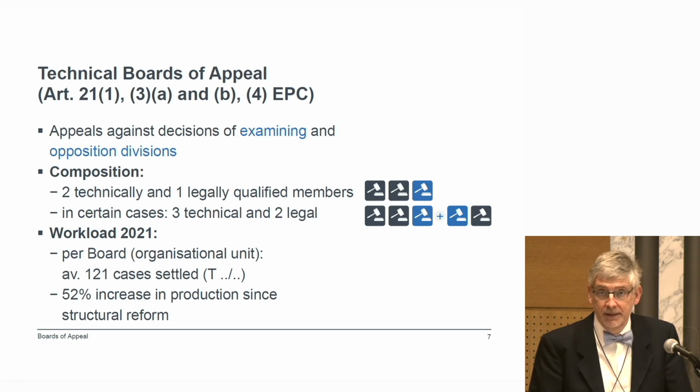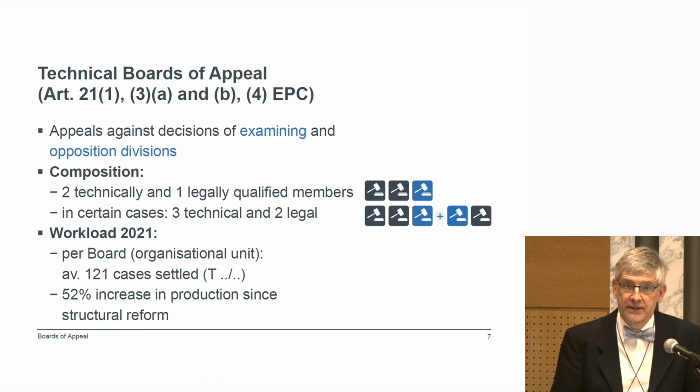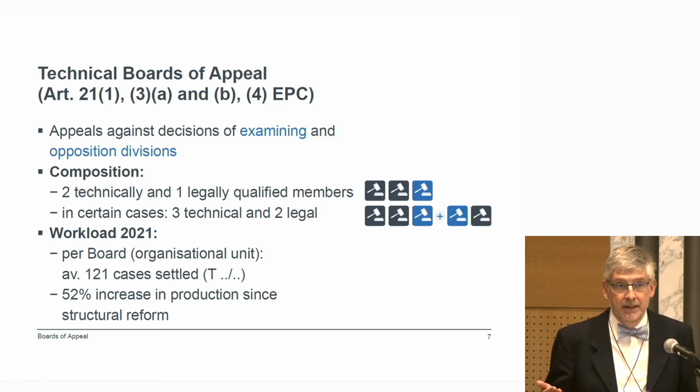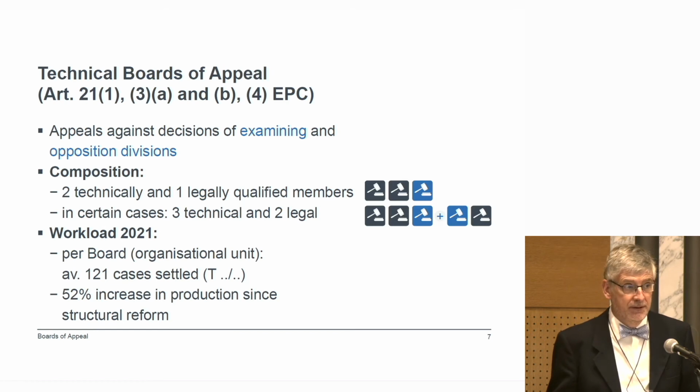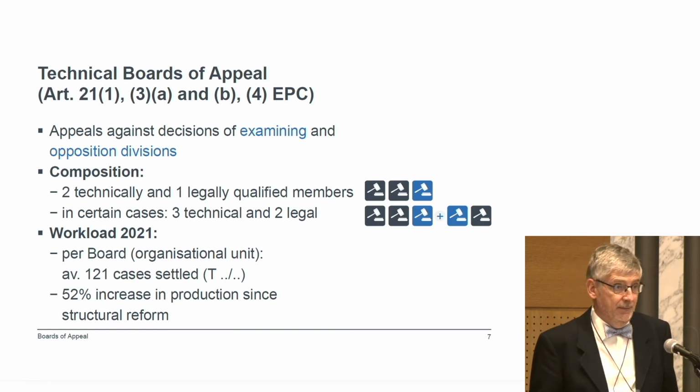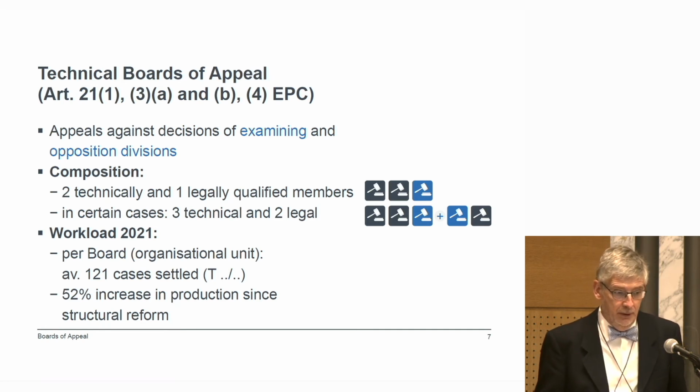They hear appeals against decisions of the examining divisions refusing patent applications, or decisions of the opposition divisions, either by revoking the patent, by rejecting an opposition or several oppositions filed against a patent, or by what we call interlocutory decisions, where the patent was held to meet the requirements of the EPC in amended form, i.e. in a different form than the form in which the patent was granted.